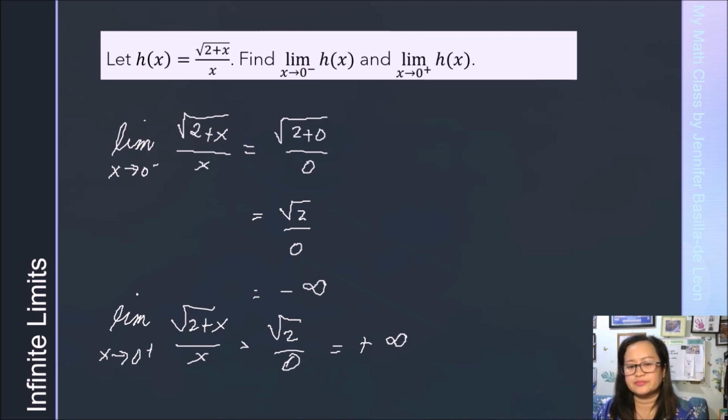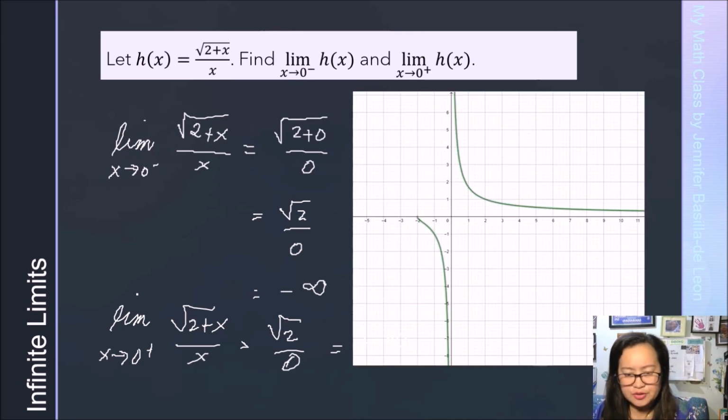Okay, let's take a look using the graph. If we have from negative values, so that would be this, our answer is negative infinity. So take note, the function decreases without bound.